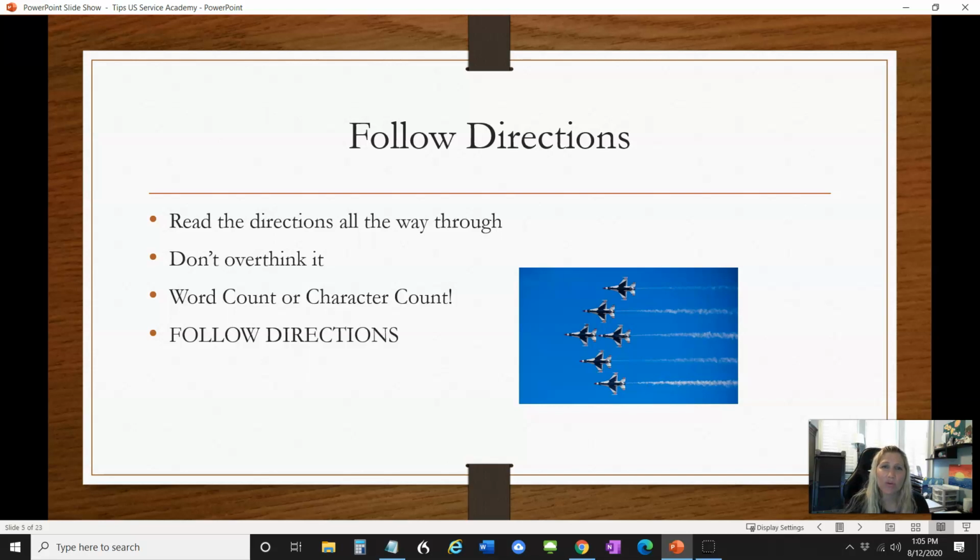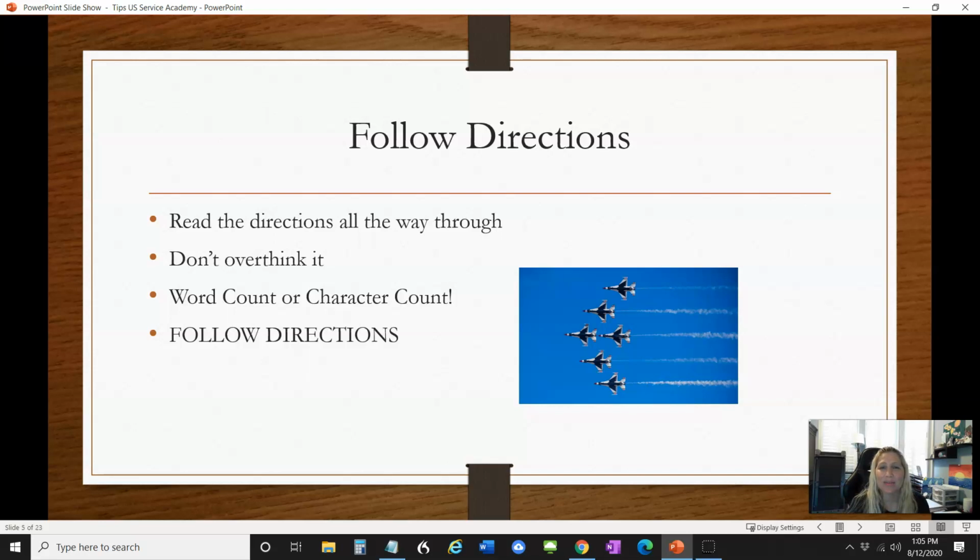But it's also important to note the character count and word count on your applications for anything that isn't your nomination essays. They might also have a character or word count, and you want to make sure you are under that, or within, if they have a range like 300 to 500, make sure you're at least at 301. All right? Follow the directions. Yes, I want to repeat that again. Follow the directions.